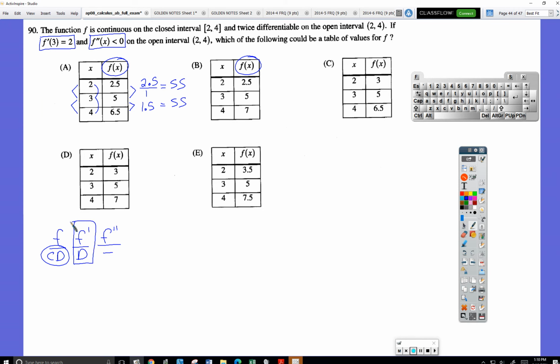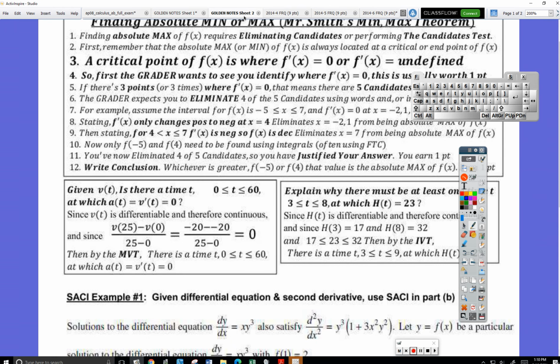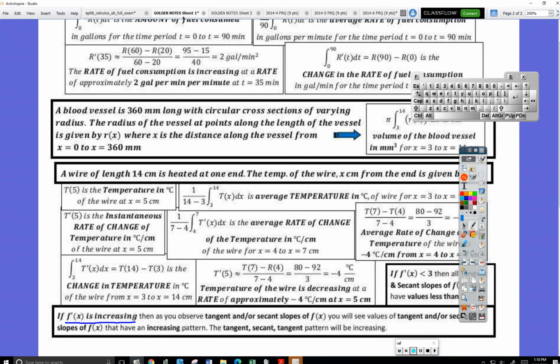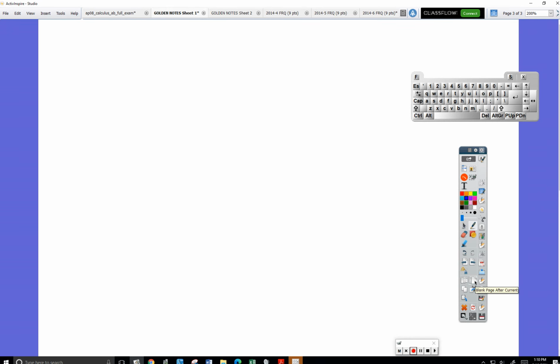So back to the notes. If f prime is decreasing, then as you observe tangent and secant slopes of f, as you look at the graph of f, if f is concave down, then as you follow f from point to point to point, you're going to always find that if you follow secant slopes, from one secant slope to the next, you'll see decreasing values of slope.